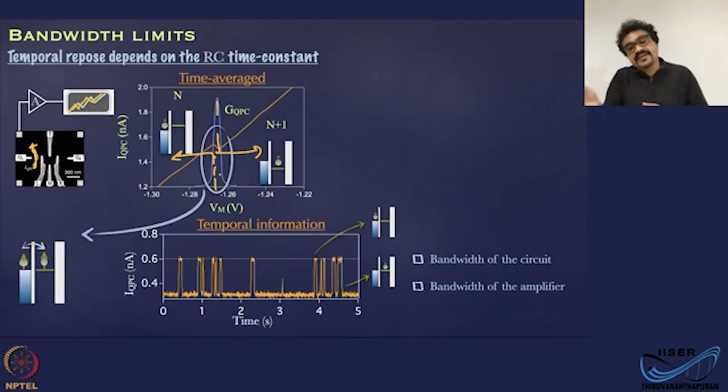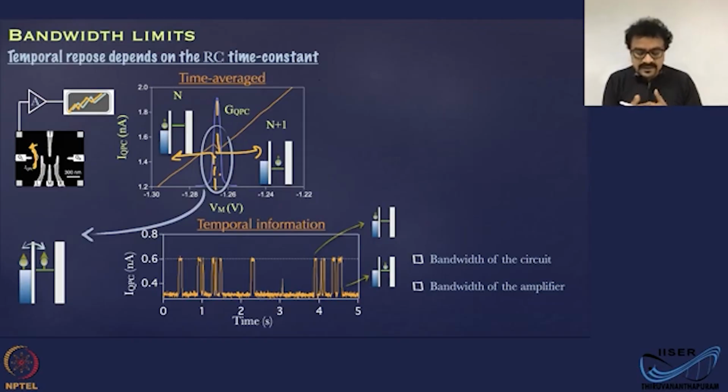What that means is the electron can tunnel in or out at will. That is driven by the thermal energy available. Okay, that's a fluctuating charge motion back and forth between the dot and the reservoir. And I'm going to measure the current through this device, the sensor, versus time. That's what I'm going to do.